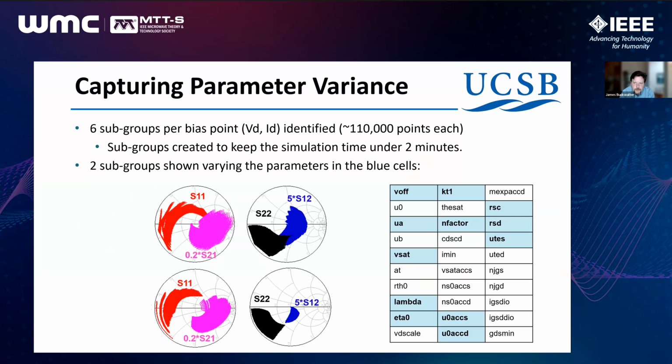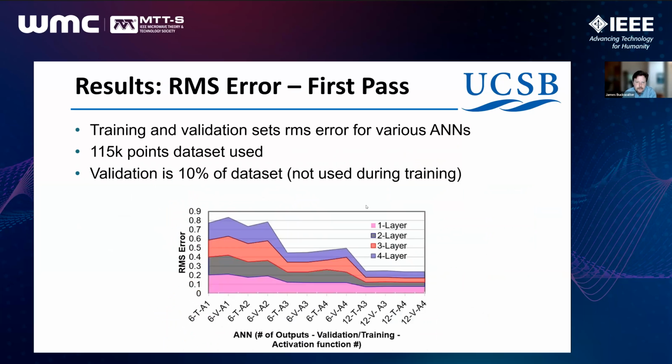This all can be trained within minutes, and I'm highlighting that because we wanted to look at lots of different training and validation sets. And so the details of these different training sets are in a later paper we've published this year, actually in January, that shows the different types of activation functions and the number of outputs.